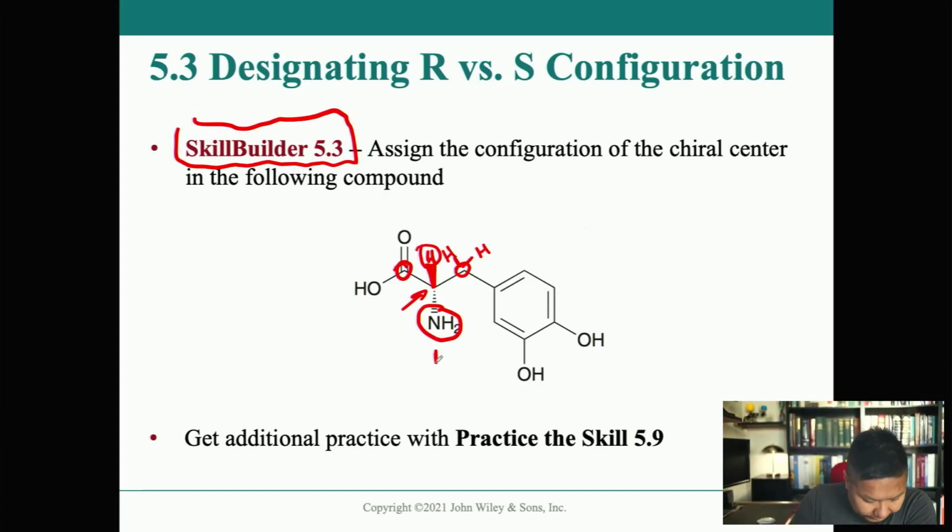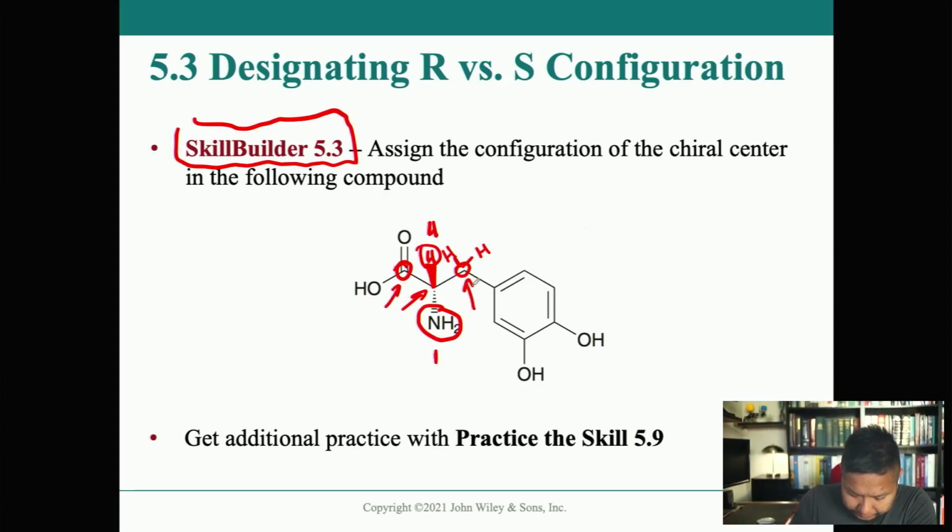Then over here, you already know that the hydrogen has the lowest priority, so you can label it 4.